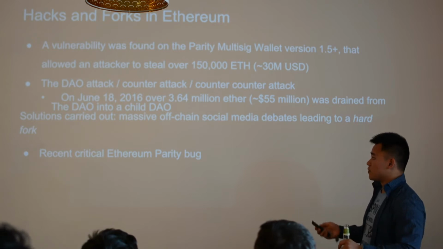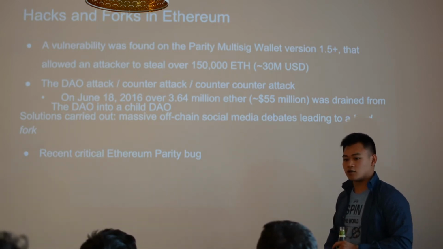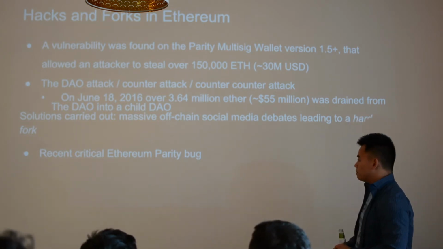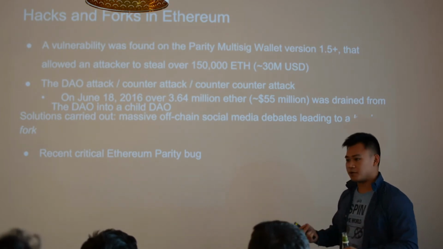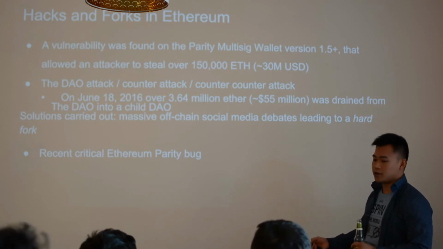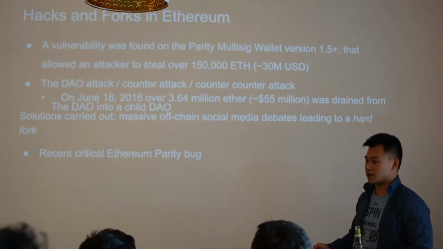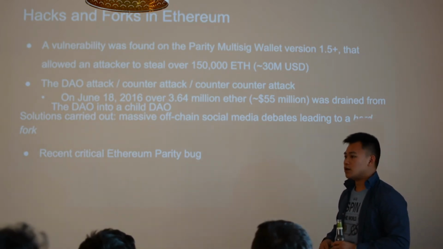And then there's the most famous one, the DAO attack, when someone hacked a smart contract on the DAO and it forced the Ethereum network to split. And then just today or yesterday, they discovered a critical bug in the Ethereum software that could affect every single node that runs a Parity Ethereum node and force them to accept invalid transactions. All these were solved outside of the blockchain.